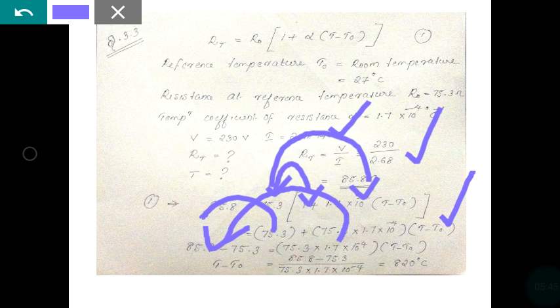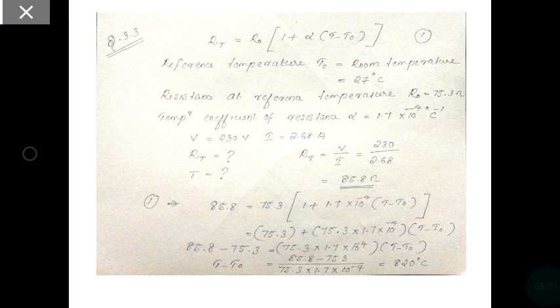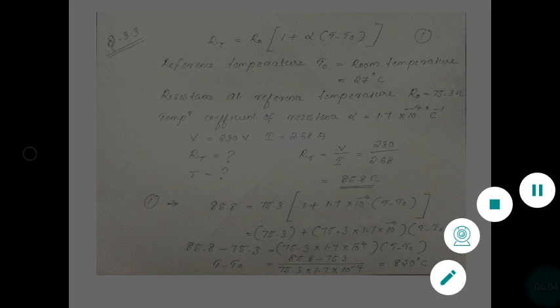We will get an equation for T minus T0 as T minus T0 is equal to 85.8 minus 75.3 divided by 75.3 into 1.7 into 10 raised to minus 4, equal to 820 degrees Celsius. Therefore, T is equal to 820 plus T0. T0 we know is the reference temperature, 27 degrees Celsius. Therefore, 820 plus 27 is equal to 847 degrees Celsius.